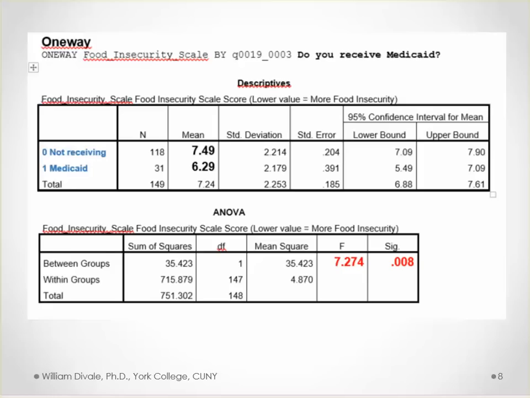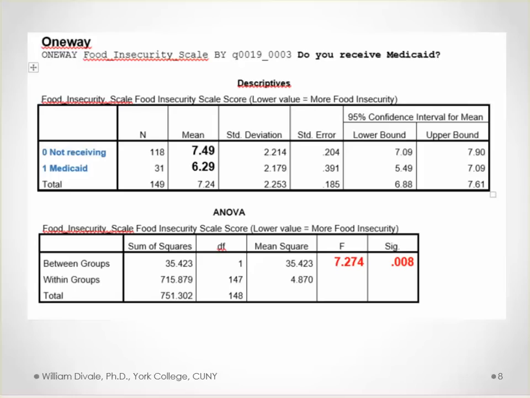Now on this chart we're looking at do they receive Medicaid, and what is their food insecurity scale? And it's poorer people who receive Medicaid. So those not receiving Medicaid, their average food insecurity scale score is 7.49, and those receiving Medicaid, it's 6.29. And if we look, the F score on that is 7.27, and the significance is 0.008.